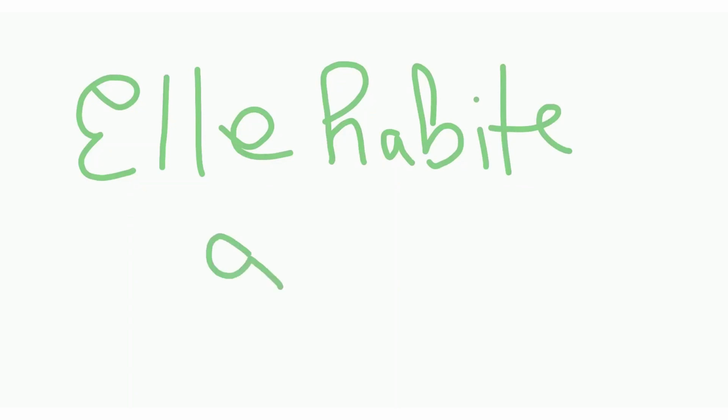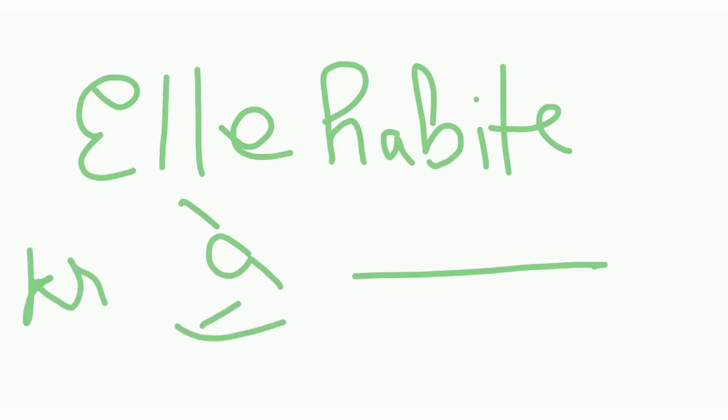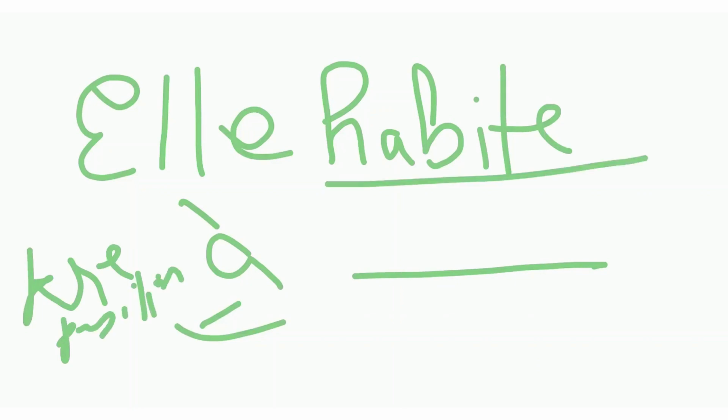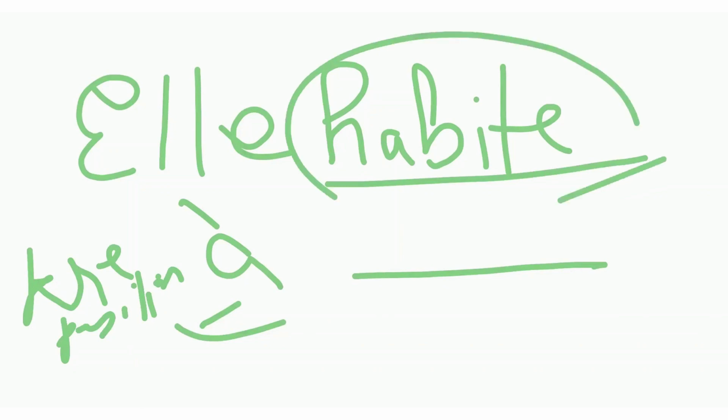Elle habite à, then the place name. This à is a preposition. Habite means live. And elle is she. She lives in the place.